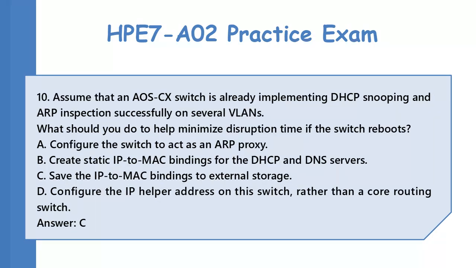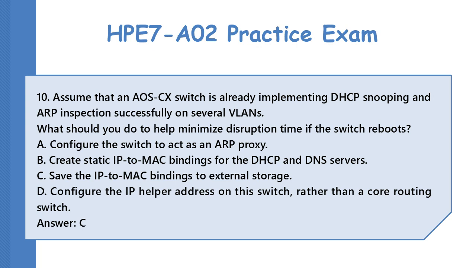10. Assume that an AOS-CX switch is already implementing DHCP snooping and ARP inspection successfully on several VLANs. What should you do to help minimize disruption time if the switch reboots? A. Configure the switch to act as an ARP proxy.